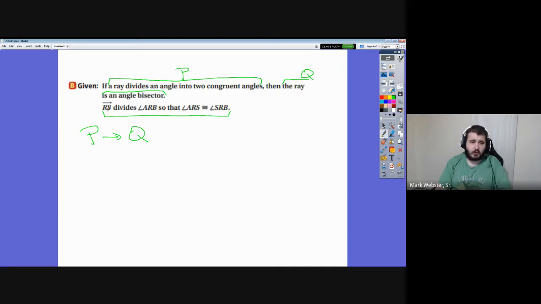What are we being told? Ray RS divides angle ARB so that angle ARS is congruent to angle SRB. Is that what this says? If a ray divides an angle into two congruent angles. So is this ray dividing an angle into two congruent angles? Absolutely.